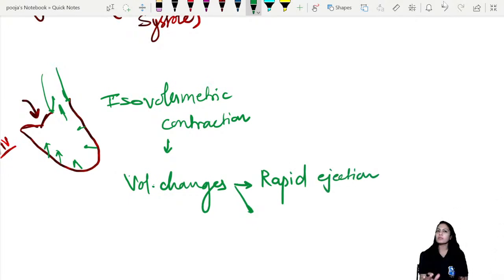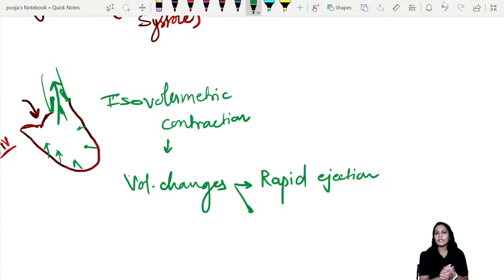After some time, due to this rapid ejection, the blood went into the arteries. The ventricle is still in the same position, but some volume is already lost, so the pressure starts to come down, but at that time, due to momentum, the blood keeps moving. What do you mean by momentum? It is a physics law. Suppose you are going in a car or a bus, right?